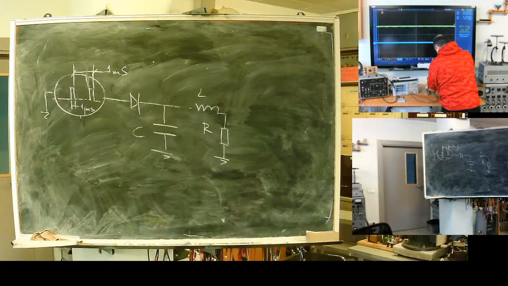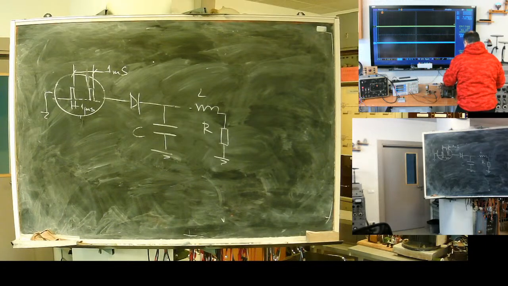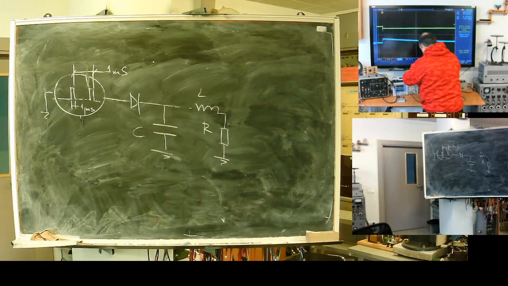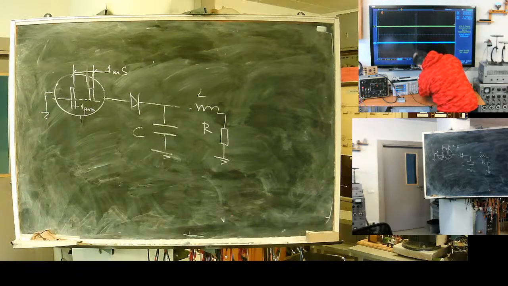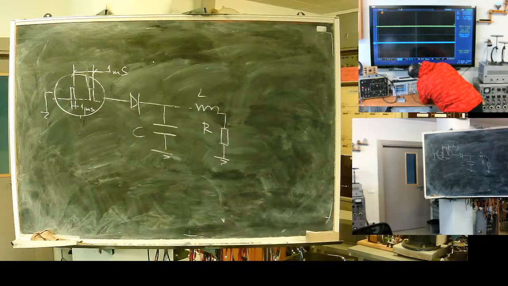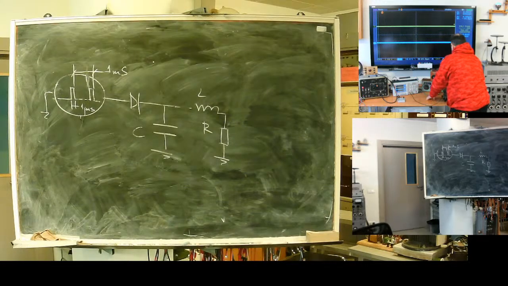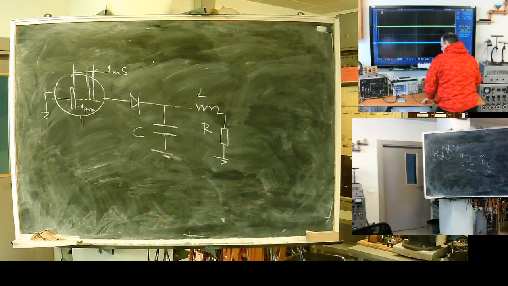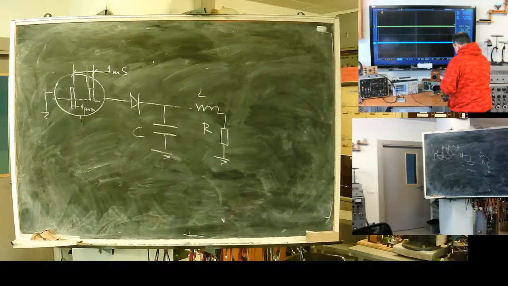Red one for high potential. Gray one for low potential. And white. Oh, I have one. And this one goes here. That's good now.